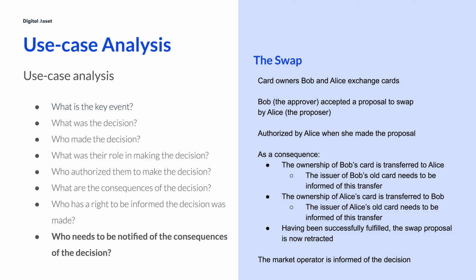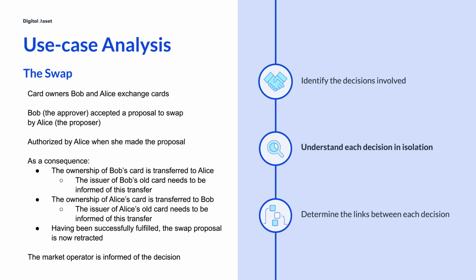Pay attention here to the granularity of the requirement. The issuer of Bob's old card should be informed only of the transfer of the card they issued, not of the other transfer. Similarly, the issuer of Alice's old card only needs to know of that card's transfer. This sort of partial visibility is very common, and Daml's ability to support this is critical to implementing truly distributed business workflows. With that, we have finished analyzing this decision in isolation.